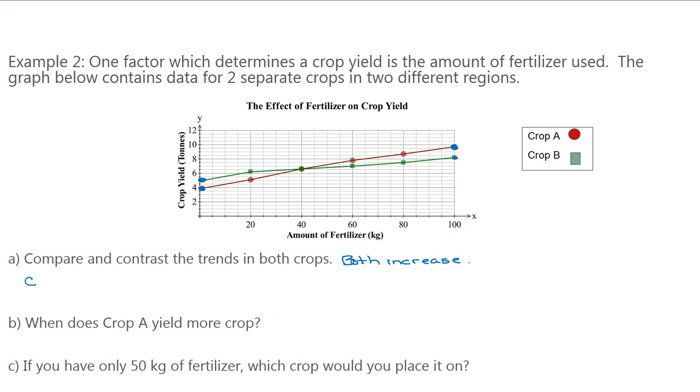So I'm going to say crop A starts off less than crop B, but increases much faster than crop B.